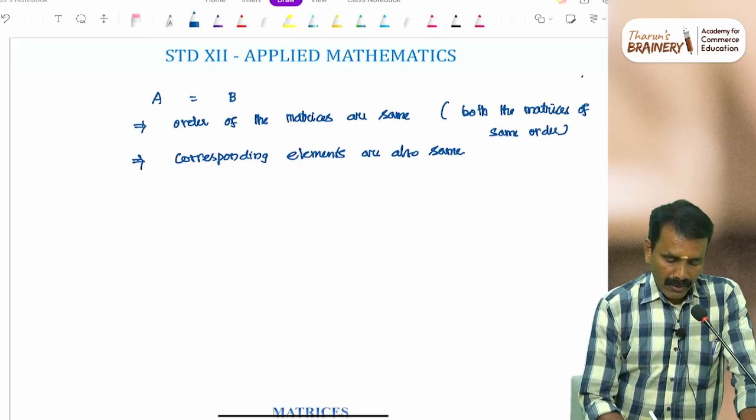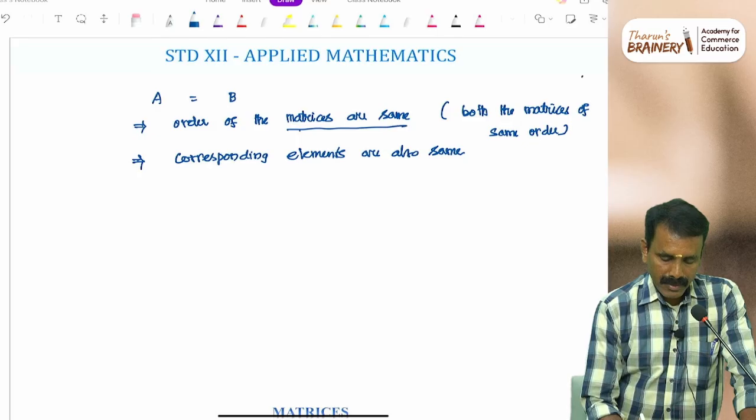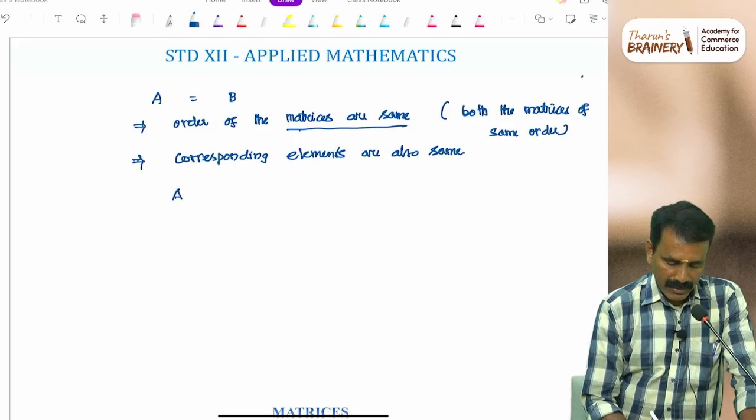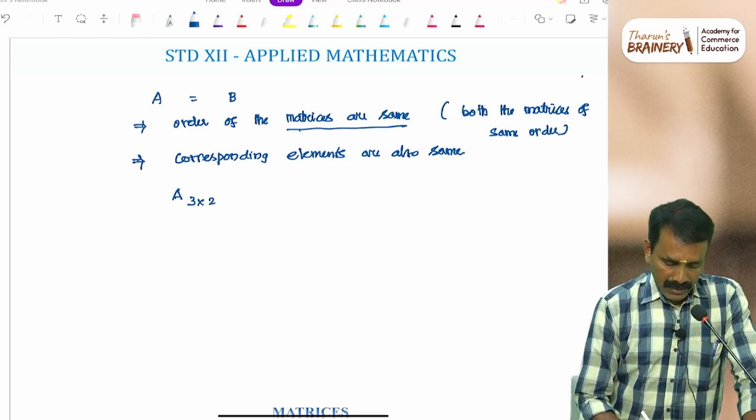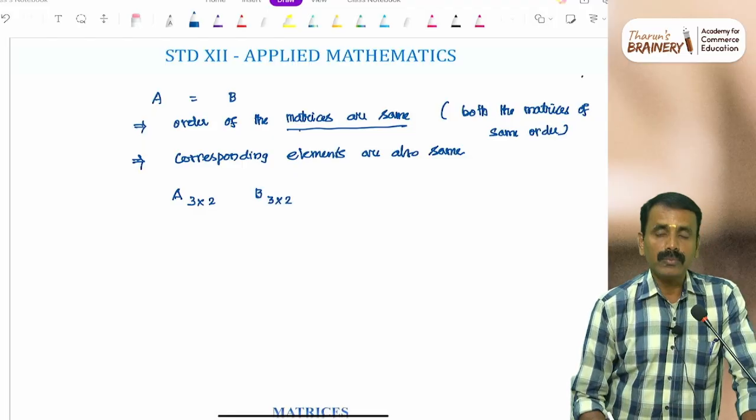Now, what do we mean by the order of the matrices being the same? Suppose A is a matrix of order 3 by 2, that is, matrix A has 3 rows and 2 columns. Then we can compare only when B is also of the same order 3 by 2.